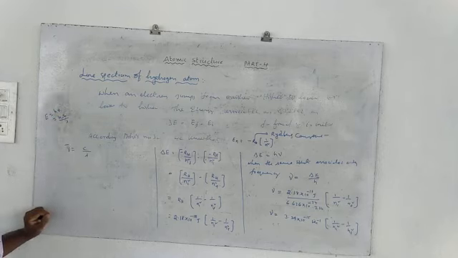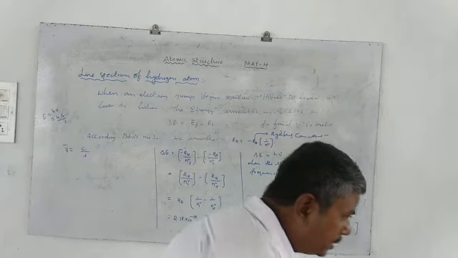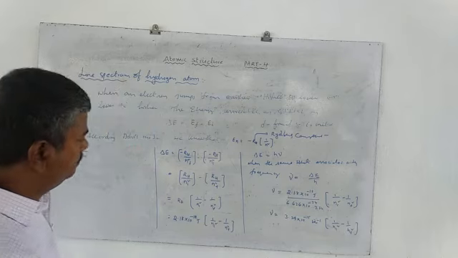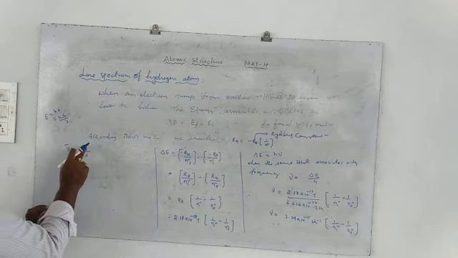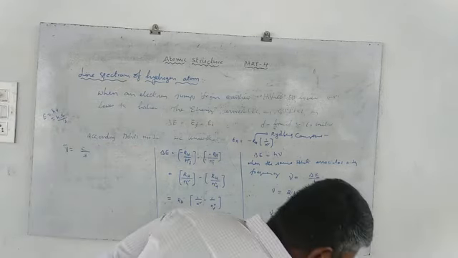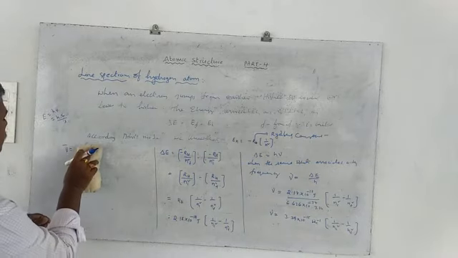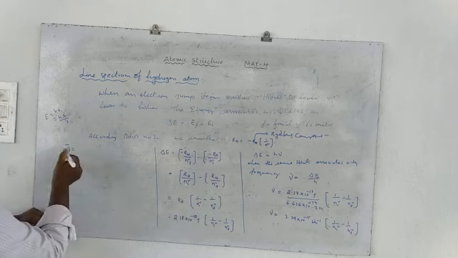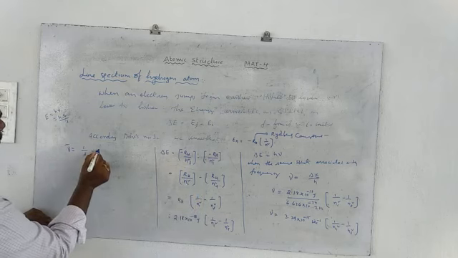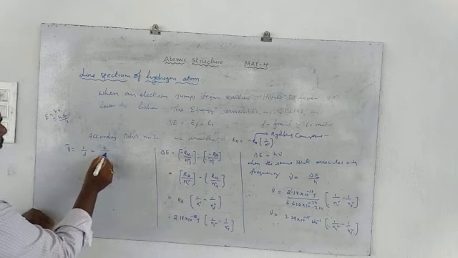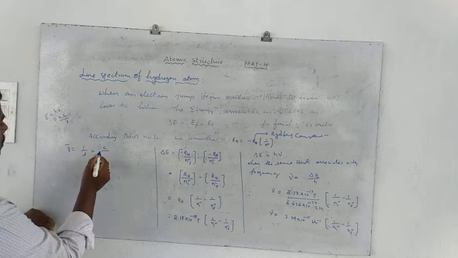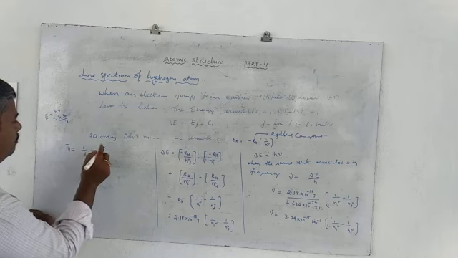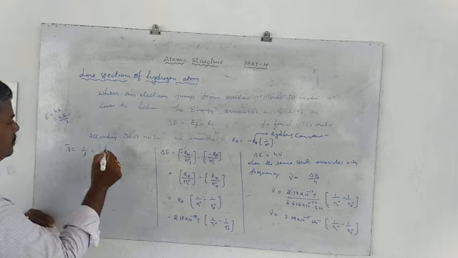Am I right? So while you are corresponding to the wave number, then we calculate here. In the wave numbers, it is 1 by lambda, that is equal to nu by C.